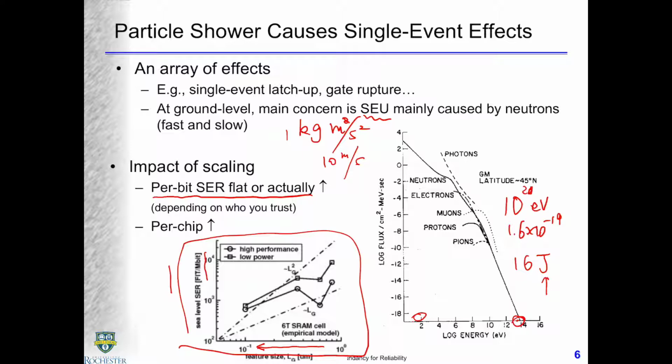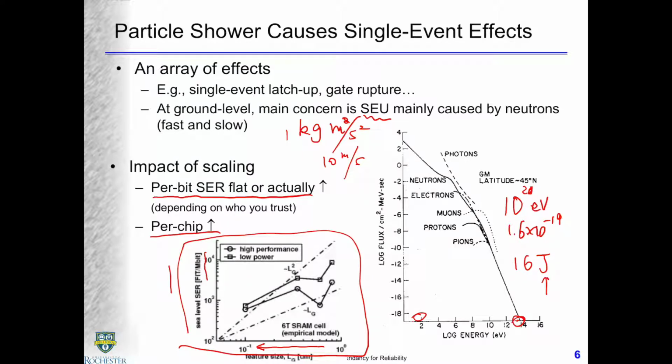For the same megabit, it's going down. Why? Because the area is getting smaller, but not as fast as the shrinking in feature size. So if I shrink the size, I put more on the chip, and in aggregate my chip error rate is going up.